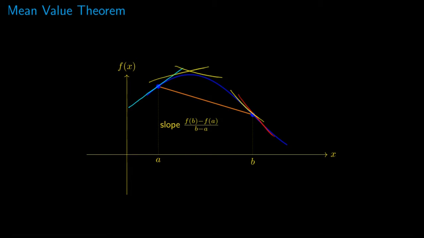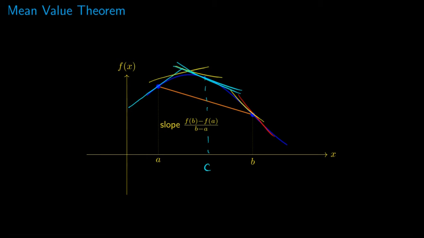And notice that as we go along this curve, these tangent lines are going to change, and they have to go from the slope where it is at a all the way to the slope at b. And at some point, say a point here, maybe it's right about here, we'll call it c, the slope of the tangent line at that point c in between a and b is going to be the same as the slope of the average rate of change between a and b.